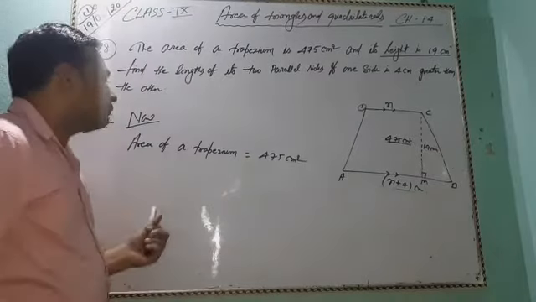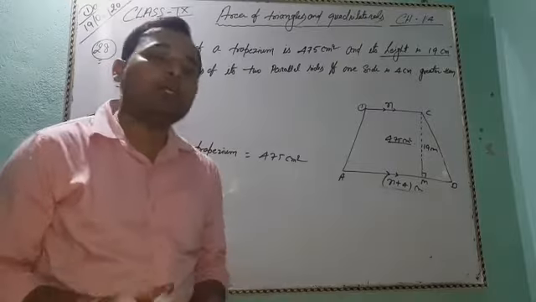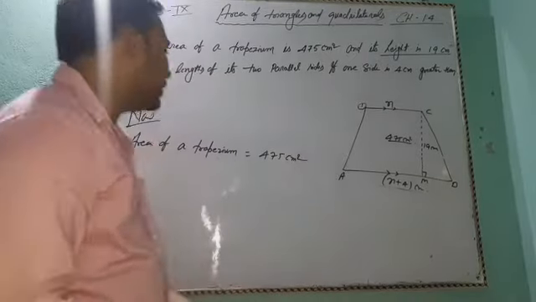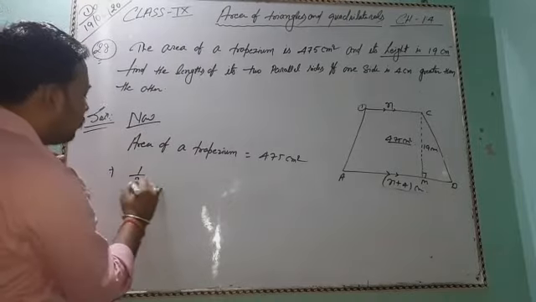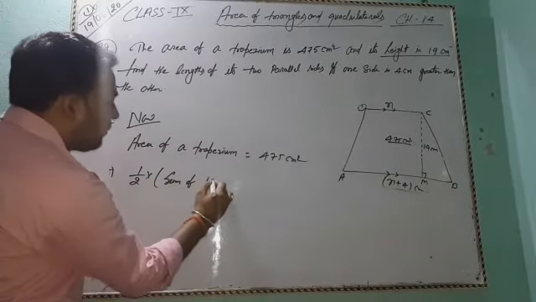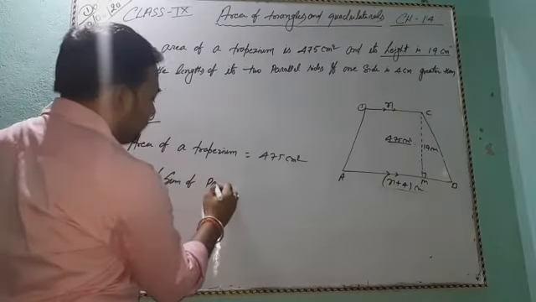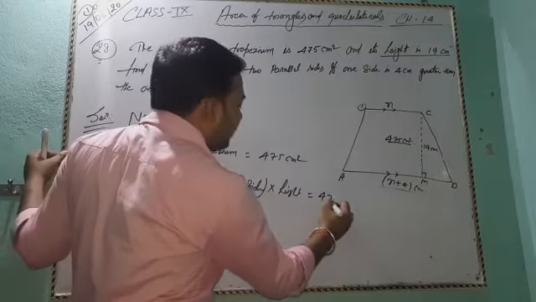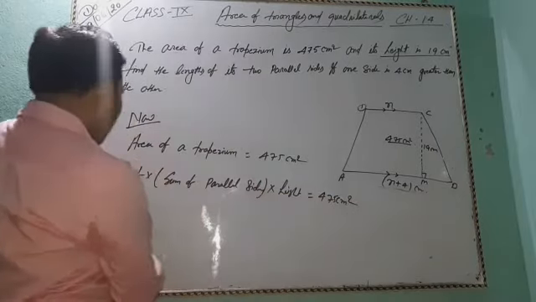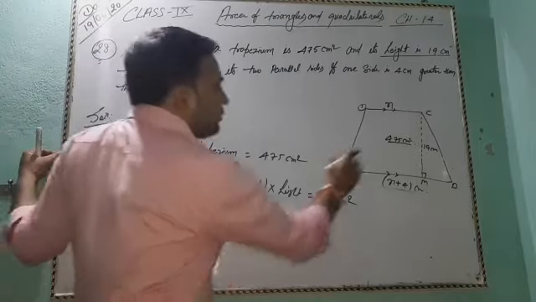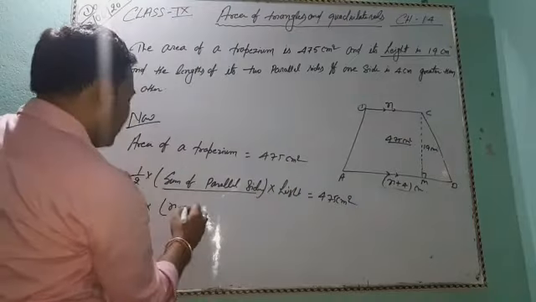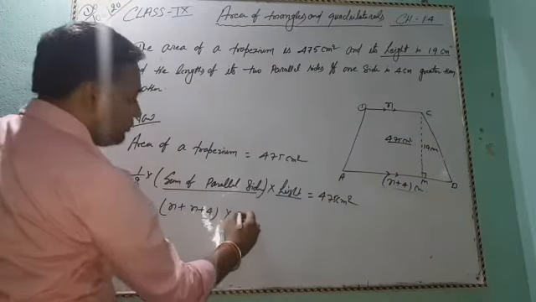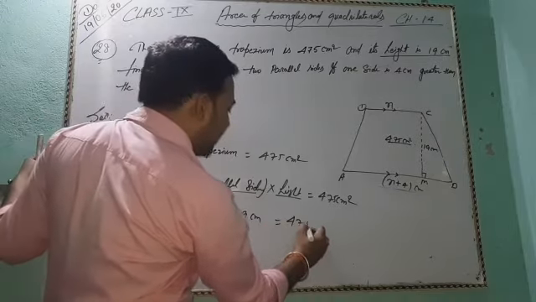The area of the trapezium equals 1 by 2 multiplied by the sum of parallel sides into the height, the distance between the parallel sides. So 1 by 2 multiplied by the sum of parallel sides, x and x plus 4, multiplied by the height, which is 19 centimeter, the distance between the two parallel sides, equals 475 square centimeter.